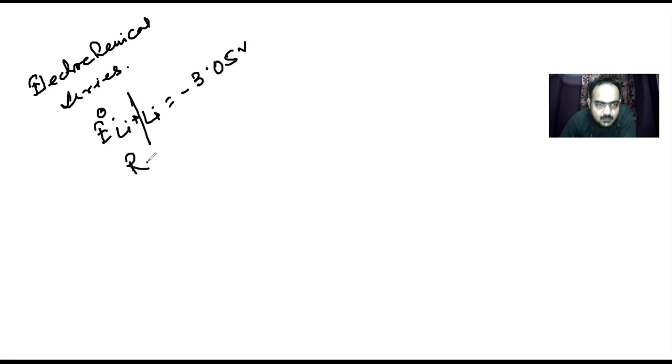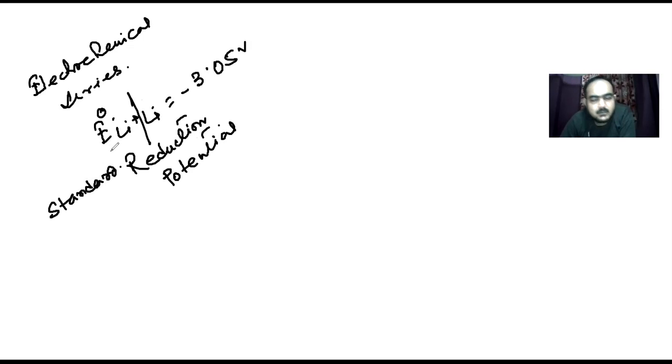This is known as the reduction potential, or you can say the standard reduction potential. Standard means it is connected with the SHE, the standard hydrogen electrode, which we have seen. Whenever the standard hydrogen electrode is attached with lithium, this will give you the standard reduction potential.